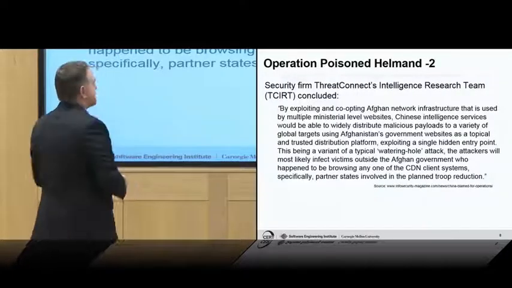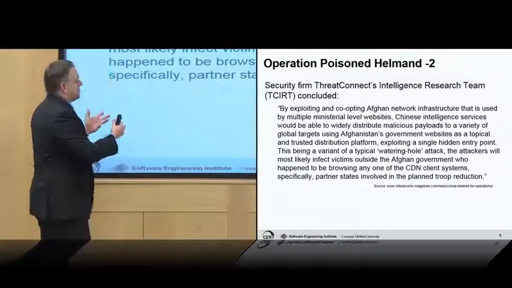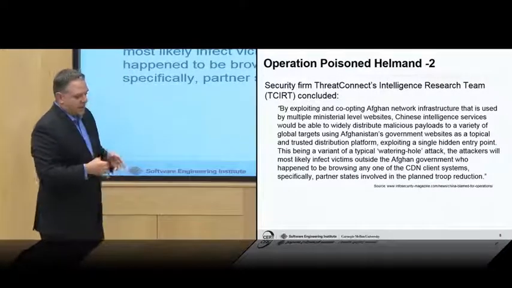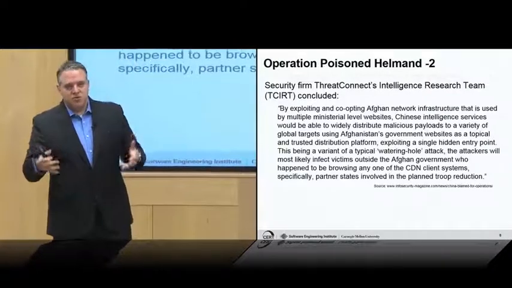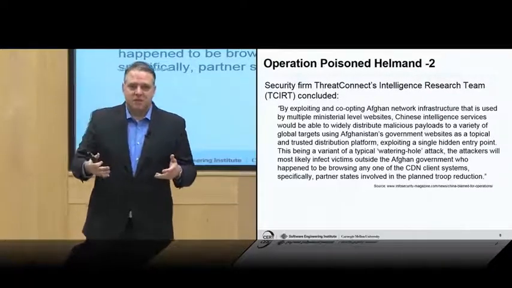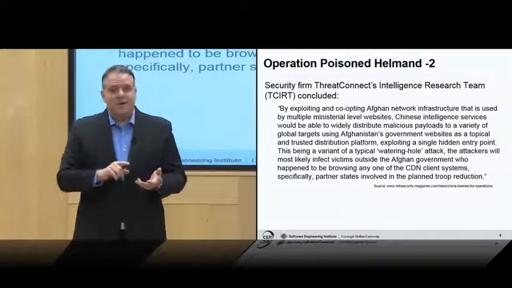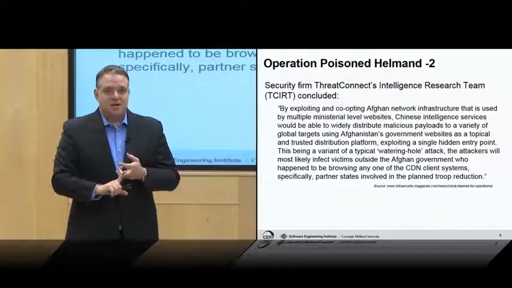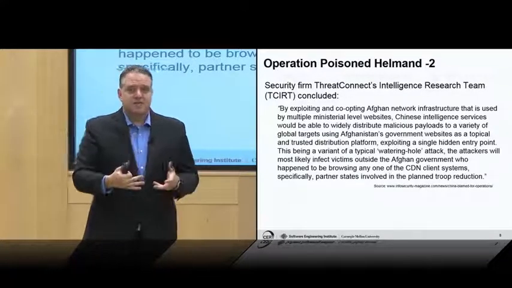An analysis of this from ThreatConnect essentially boiled down to you end up with a watering hole attack here where you've got all of these users of the Afghan government website who believe that network is secure, it's legitimate, it's not servemalware.com or anything like that. So you would expect this site to be legitimate.